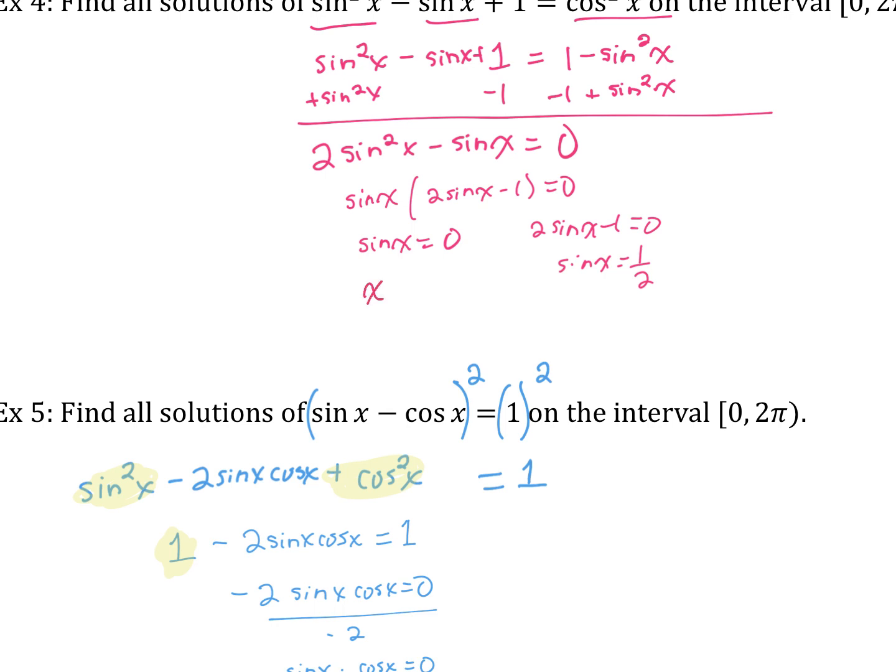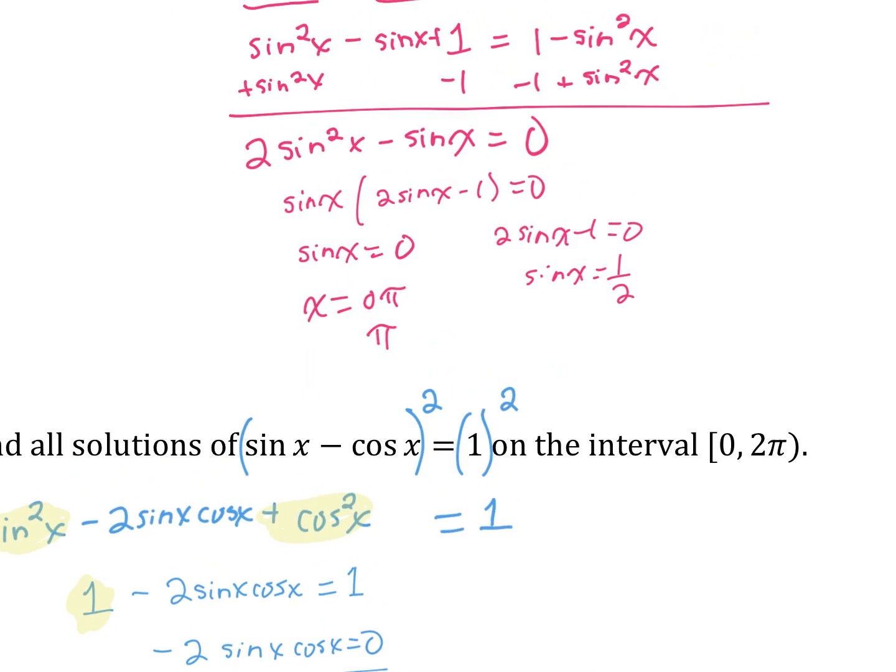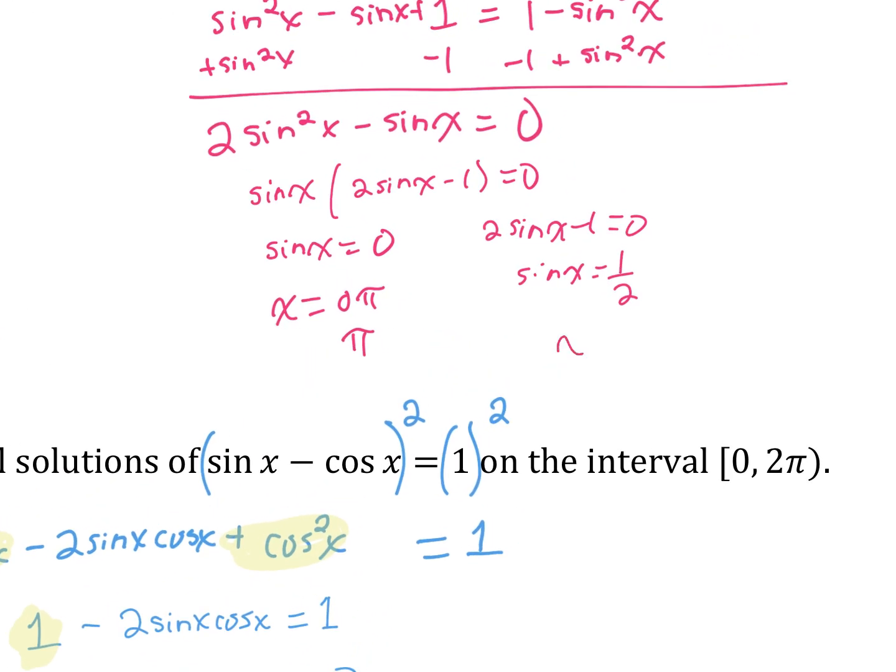So these answers look somewhat familiar to what we just saw. And then sine of x is equal to 1/2. Yep, pi over 6 and 5 pi over 6. There you go. Thank you. Good. Yes.